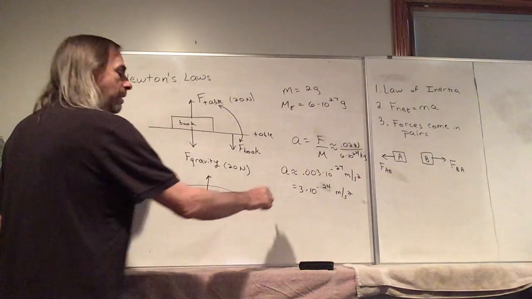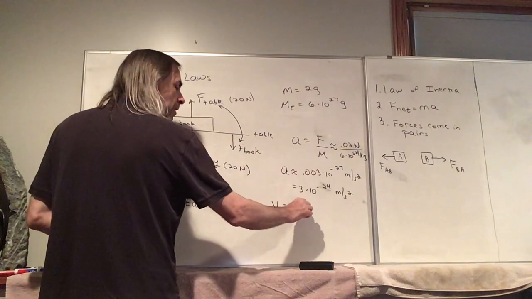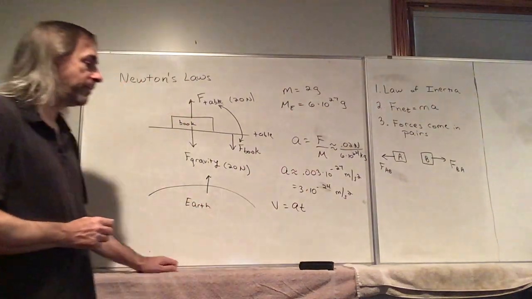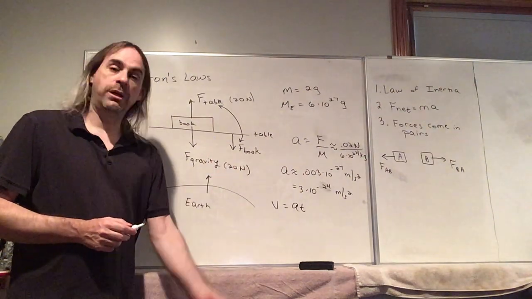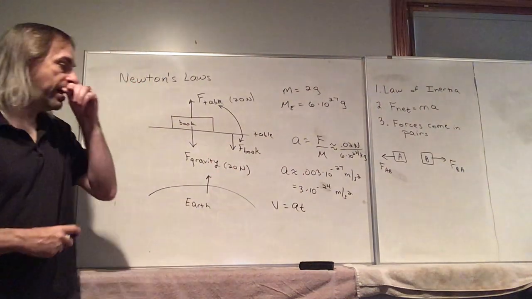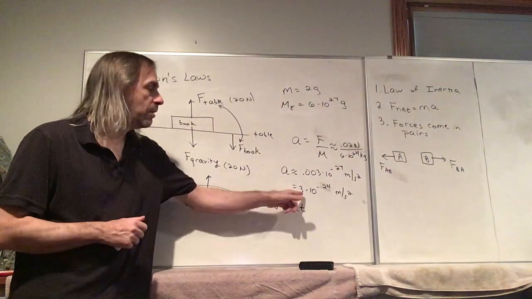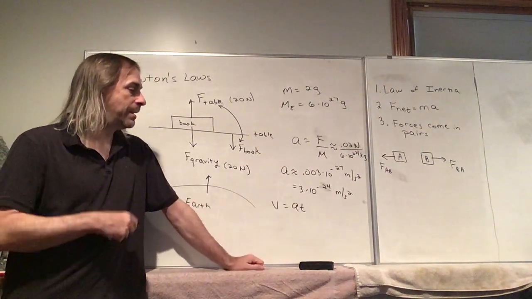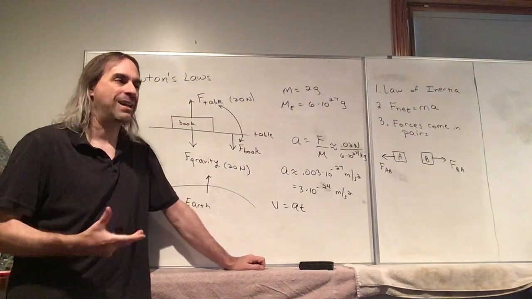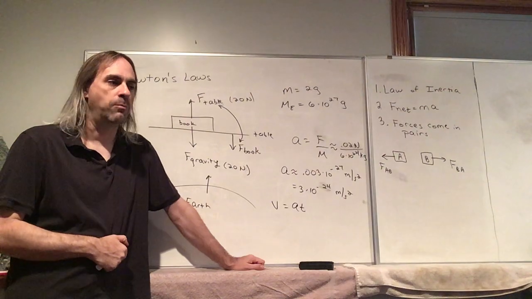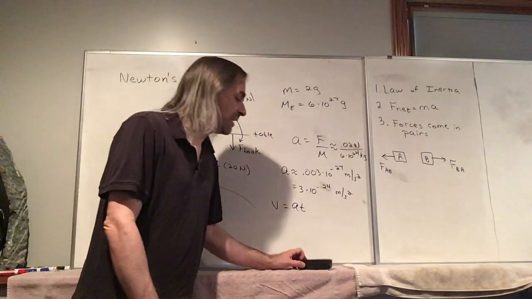Now if you look at v equals v naught plus at, if the Earth was, say, at rest, and it took 1 second for this cap to hit the ground, then the velocity of the Earth upwards would be around 3 times 10 to the minus 24th power meters per second. Could you possibly detect a velocity that small? No, I don't think we could ever detect a velocity that small.